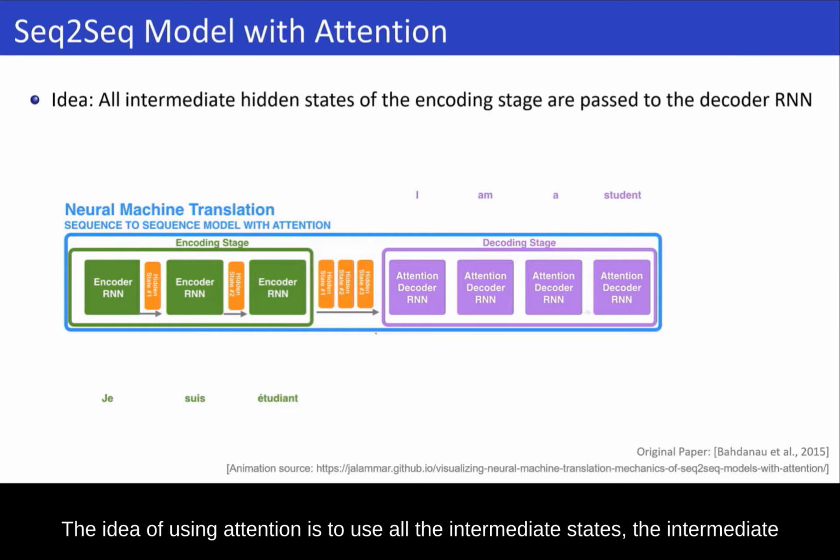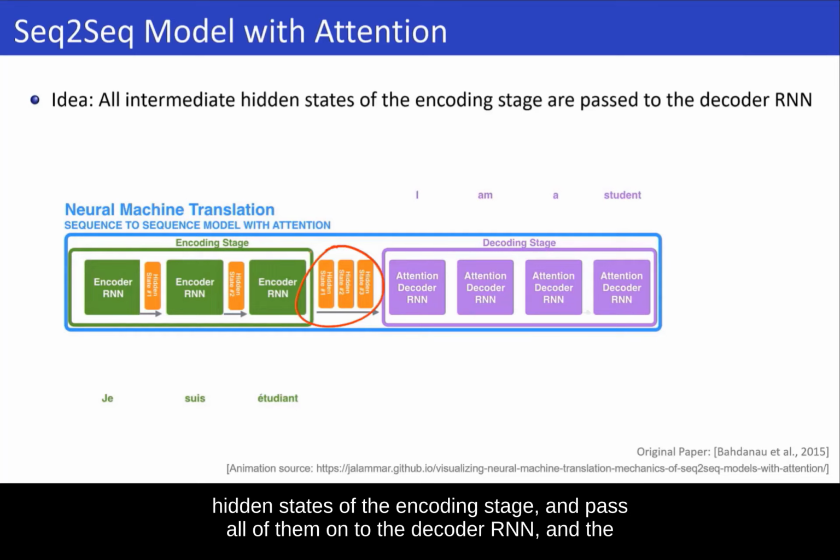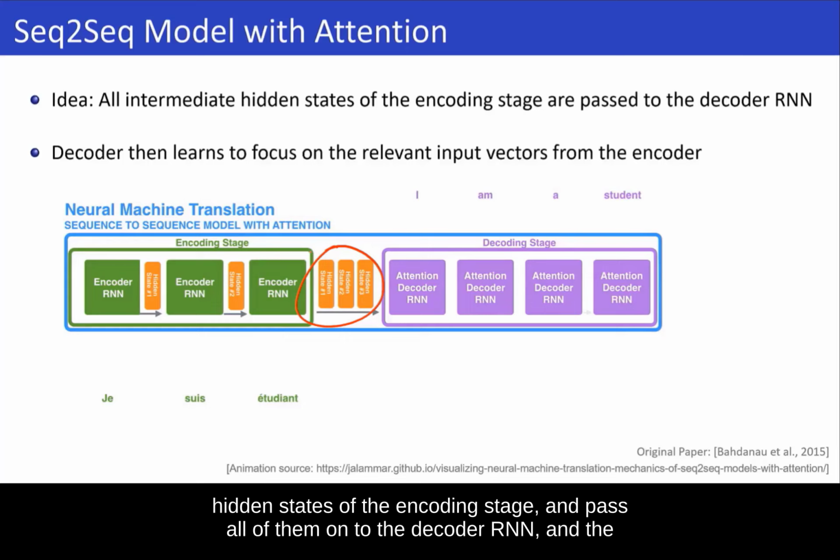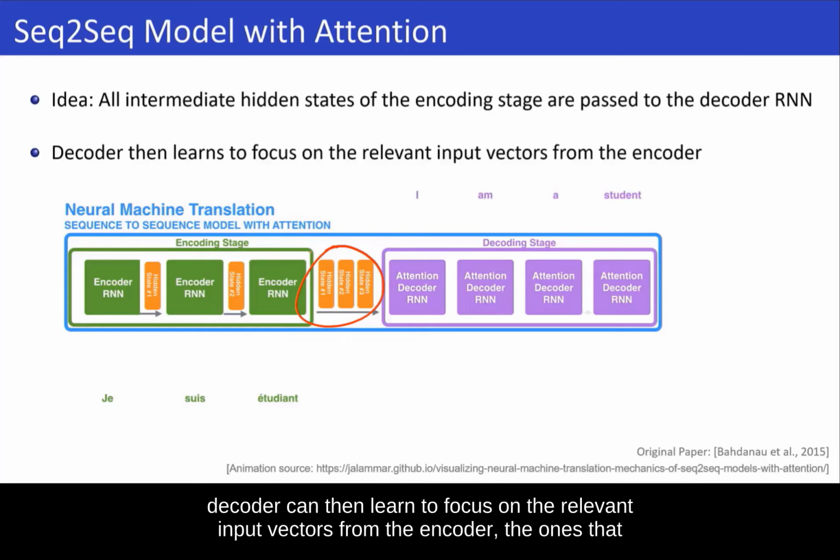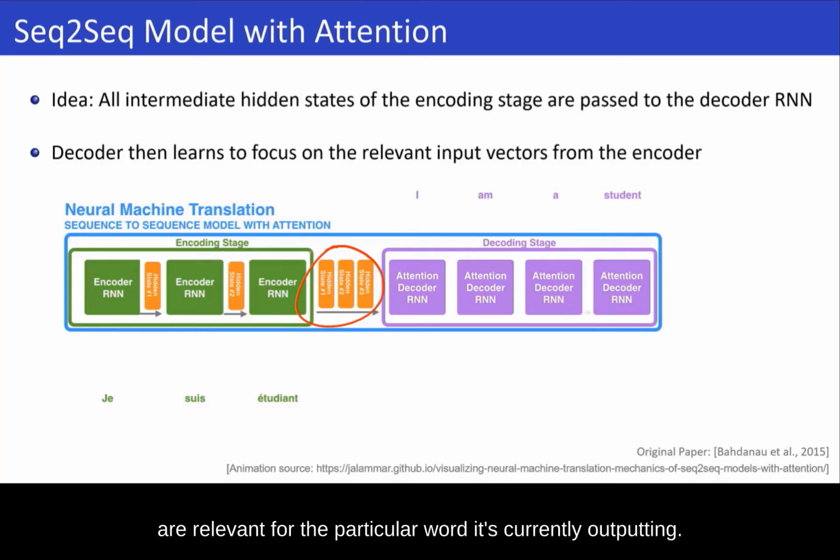The idea of using attention is to use all the intermediate hidden states of the encoding stage, and pass all of them on to the decoder RNN. The decoder can then learn to focus on the relevant input vectors from the encoder, the ones that are relevant for the particular word it's currently outputting.